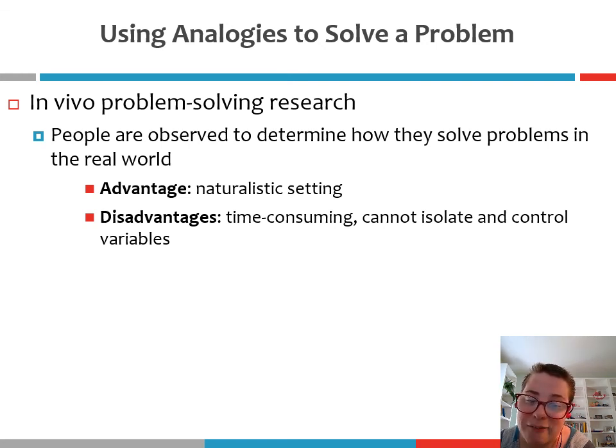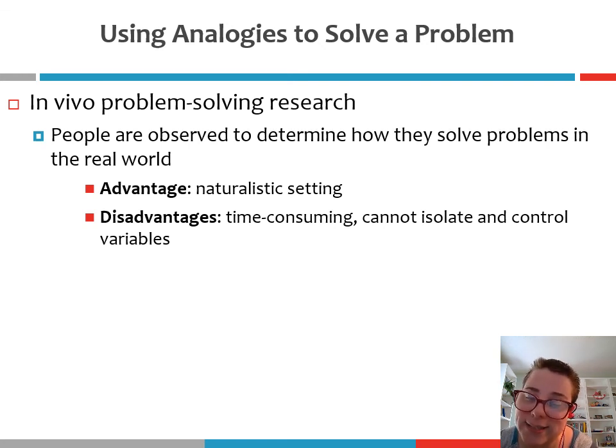So they've looked at, for example, scientists and inventors and watched them as they're engaged in conducting experiments or developing products to see how they solve problems kind of in the real world, right? So the advantage of this is that it's much more akin to what actually happens or how we actually use our cognition. So it has really good external validity, right?